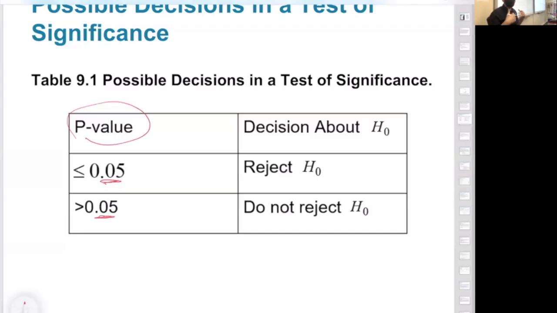As you can see, we make the decision about H naught, not HA. Why? Because H naught has just one value, but HA may have more than one value, since we have a range of values. We will not be able to find the probability for all the values greater than 0.4, for example, or less than 0.6.